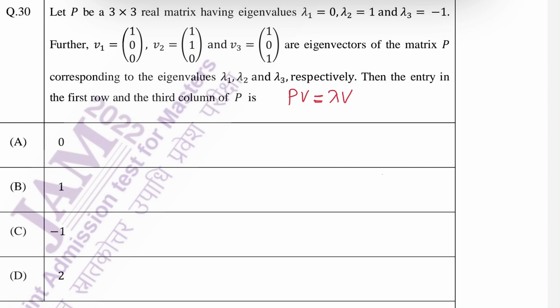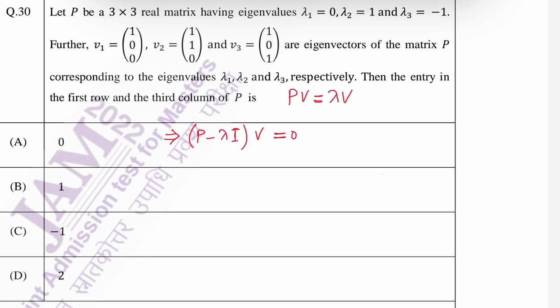And the same equation can be rewritten this way: P minus lambda I, where I is an identity matrix of size 3, times V equals 0.